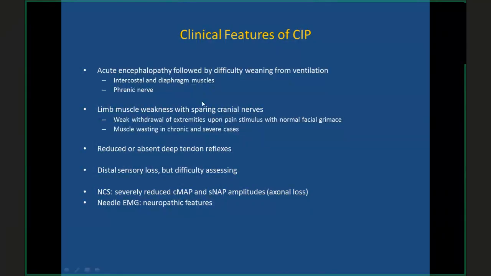The cranial nerves are relatively spared, and the patient usually loses reflexes. The patient loses sensation; if the patient is awake, you can do a sensory exam and find sensory loss. If you do a nerve conduction study, EMG shows axonal neuropathy.